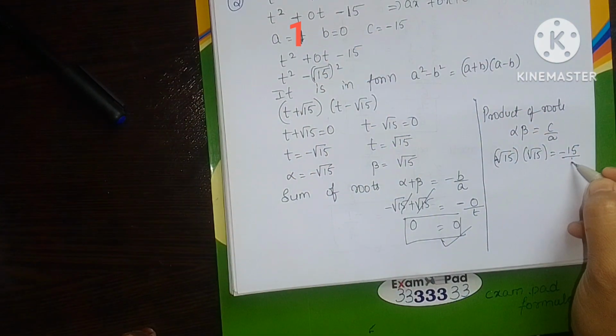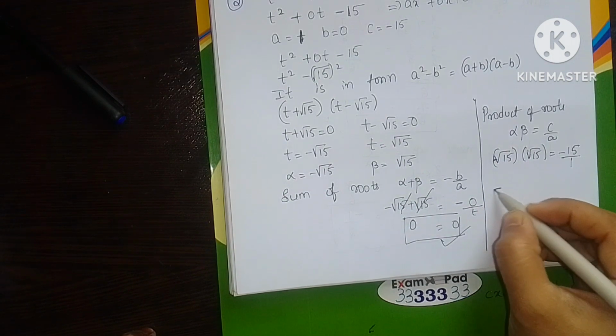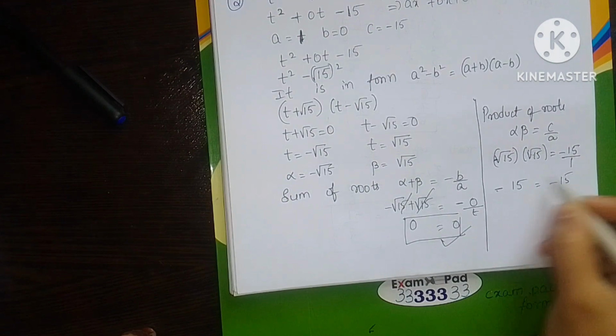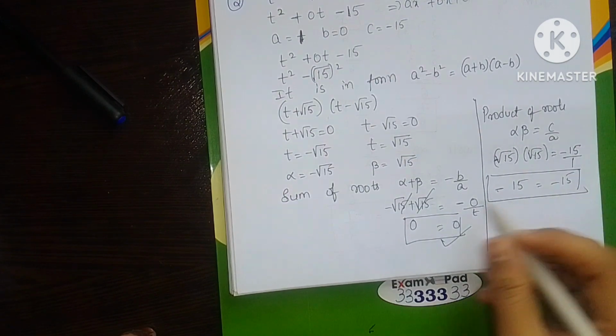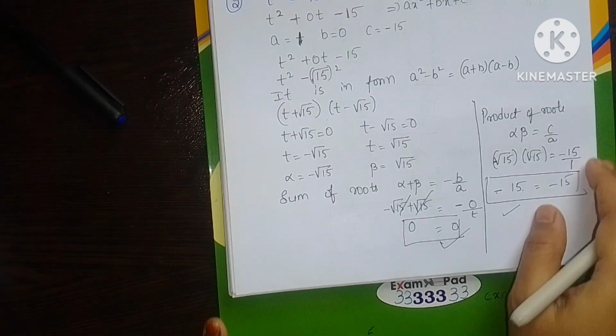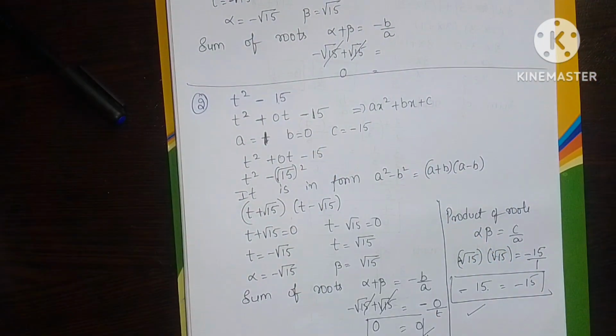So 1. Minus into plus, minus root 15 into root 15, 15. So here also minus 15. So LHS is equal to RHS. So the sum of the roots and the product of the roots is verified in the given quadratic equation.